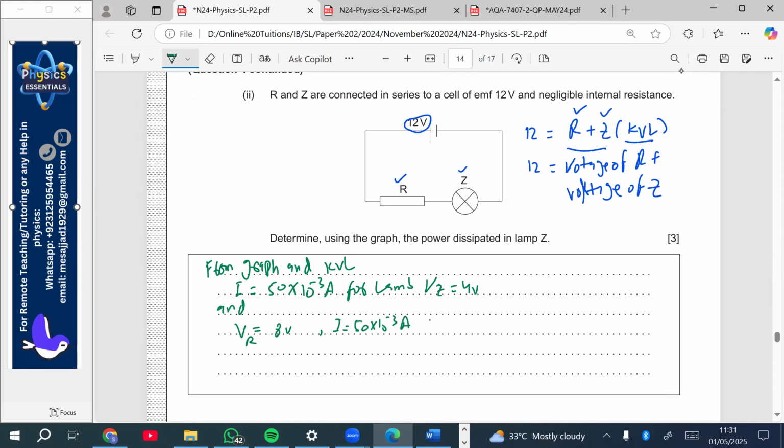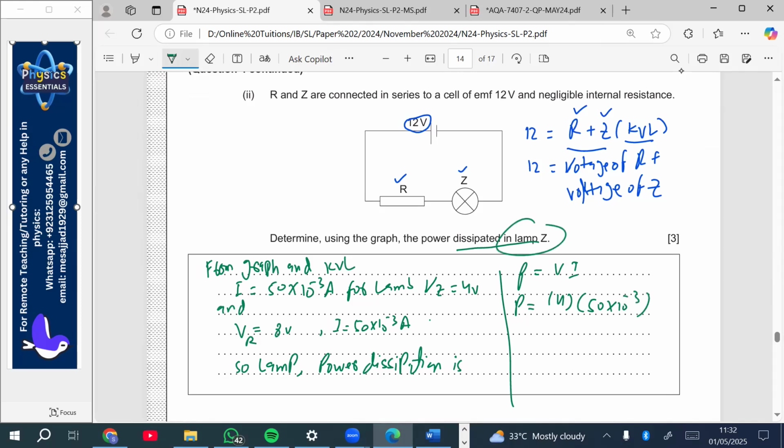Right? So now power dissipation is simply, for the lamp, power dissipation is P equals V into I. So the voltage is 4 and the current is 50 into 10 raised to the power minus 3 for the lamp.